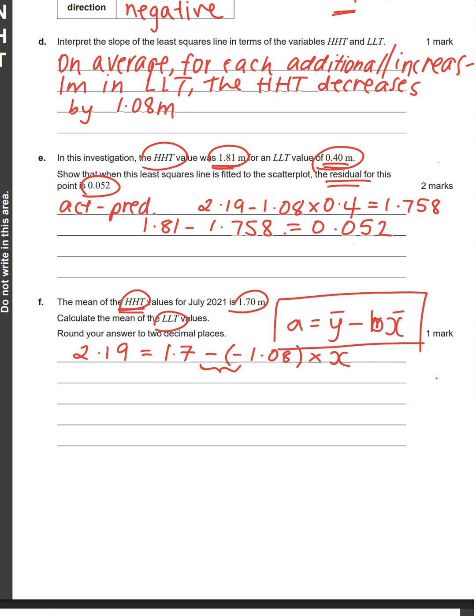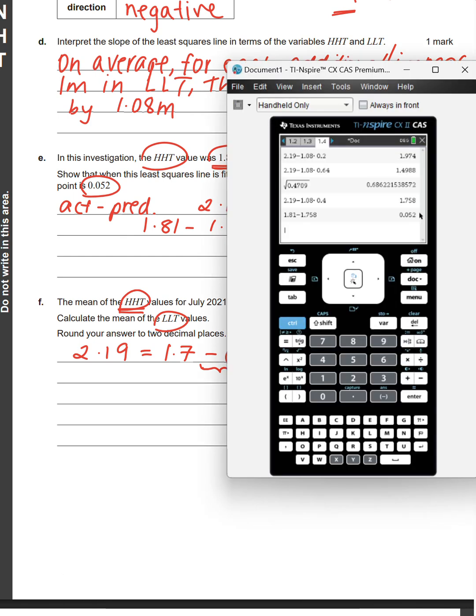So it's really important that we do have that negative twice. And then we are solving for that, so we would say 2.19 equals 1.7 minus negative 1.08 times X, comma, X. Okay, and it tells us that X is, we want 2 decimal places, so X is 0.45.